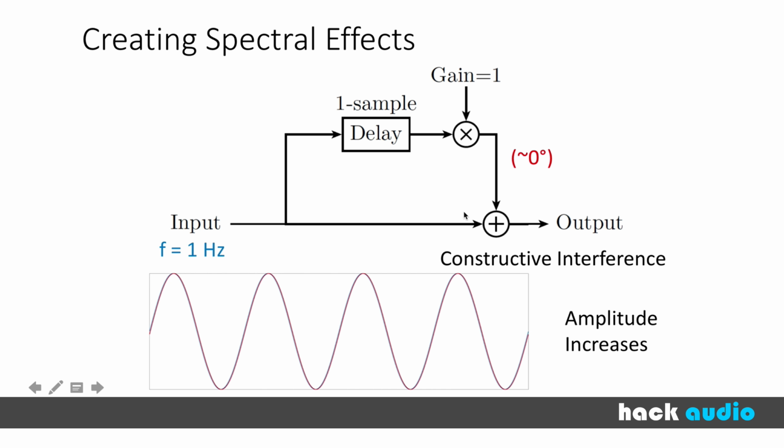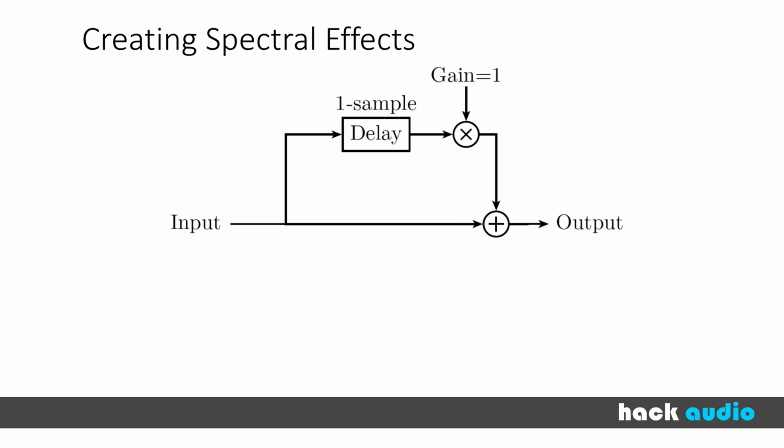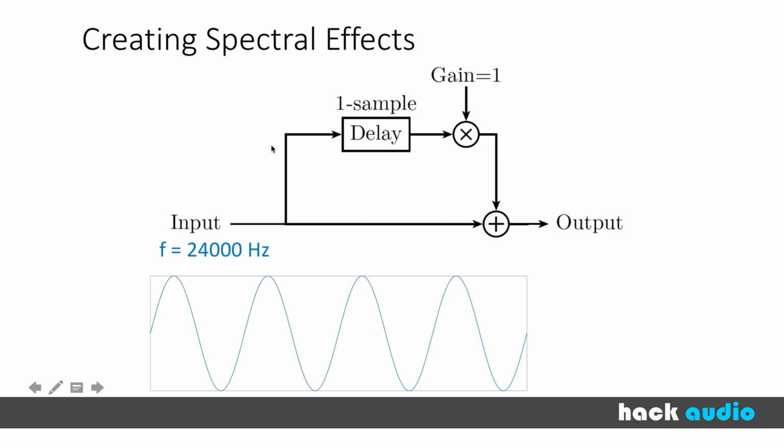Let's look at our high frequency then. So now, instead of 1 hertz, let's feed in our Nyquist frequency, 24,000 hertz. So I have our blue signal here, and we know that when we shift this signal by one sample of delay, that introduces 180 degree phase shift.